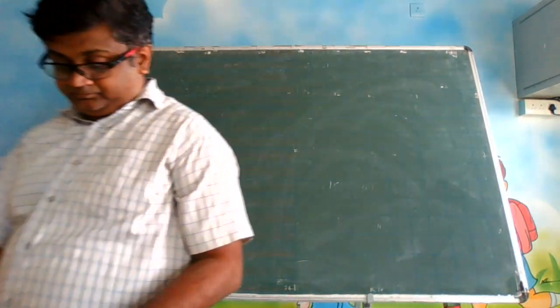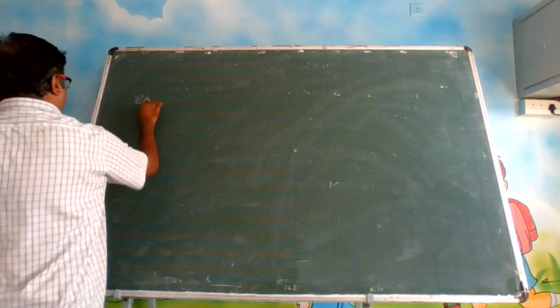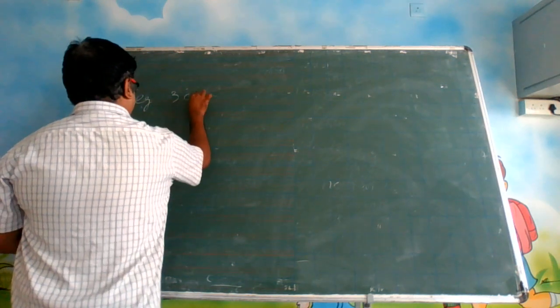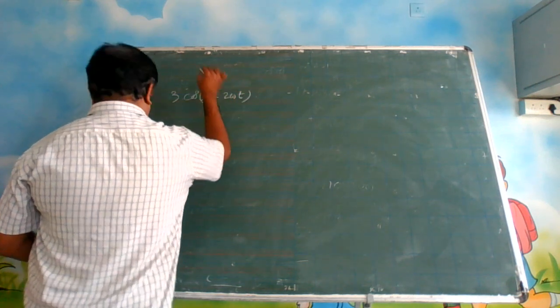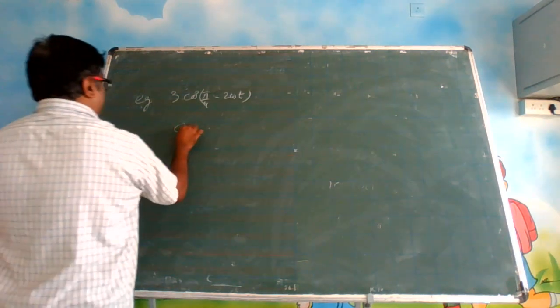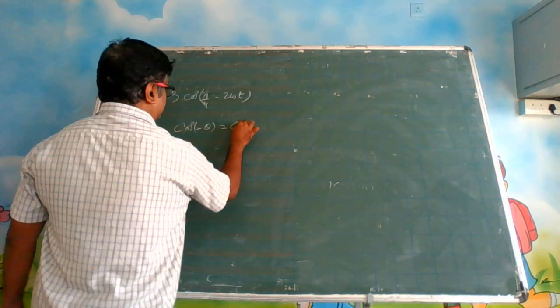All right. Suppose it is given like this: 3 cos of pi by 4 minus 2 omega t. Is it a simple harmonic motion? It is a simple harmonic motion. You know that cos of minus theta, cos is an even function, isn't it?